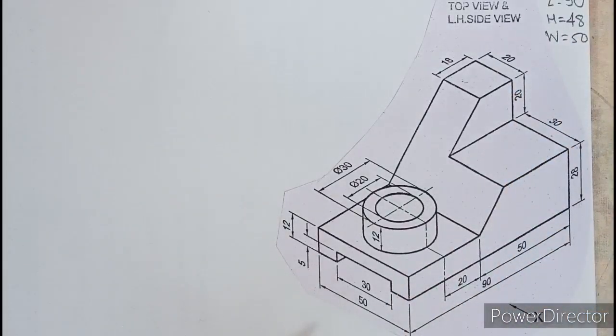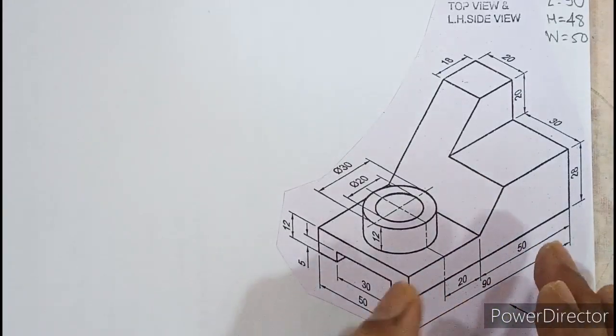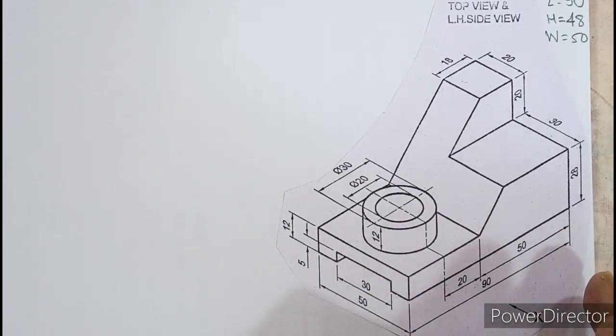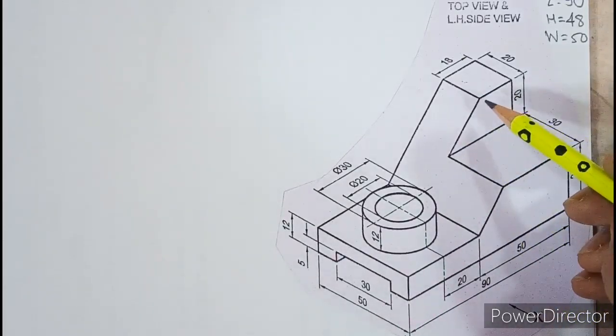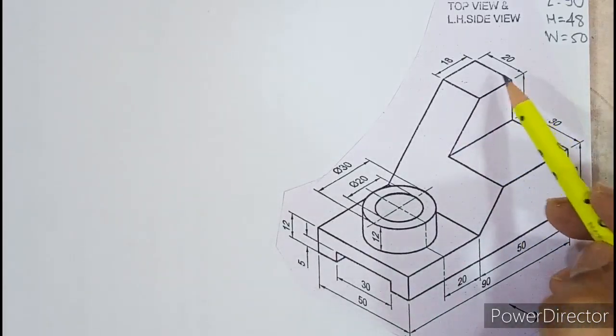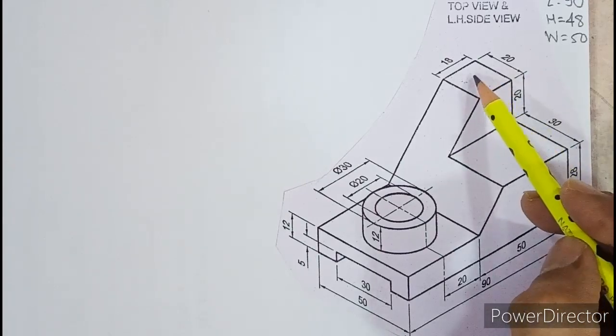And you're asked to draw the left hand side view, which will be on the right side. So you're supposed to draw the front view looking from here, the top view, and the left hand side view on the right. Okay, so those are the multiple views we're supposed to draw. Now if you look at the diagram, you will find that this object has flat surfaces.